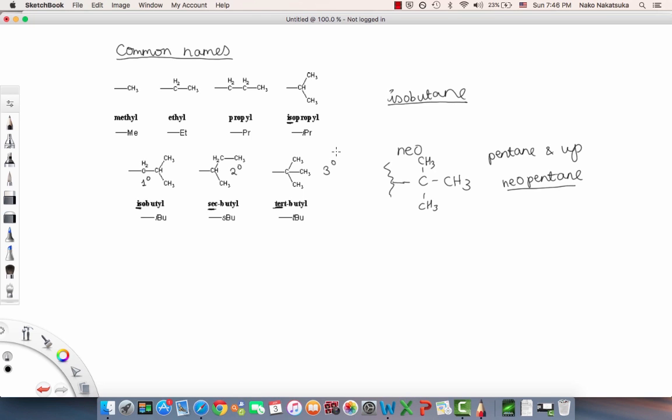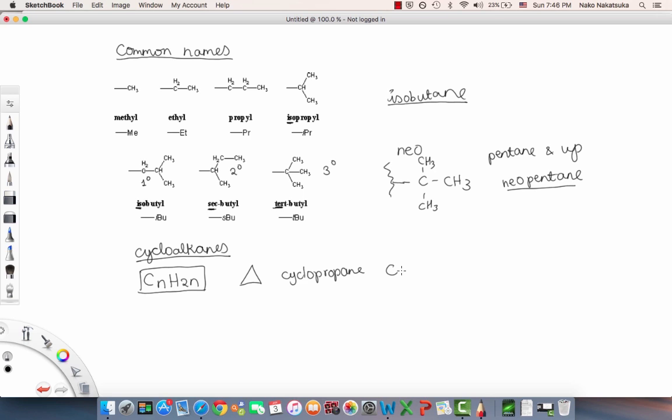So now I also wanted to talk about cycloalkanes very briefly. Cycloalkanes are basically cyclic hydrocarbons, so they have the formula CnH2n. Some examples of them are this triangular structure, which is cyclopropane.